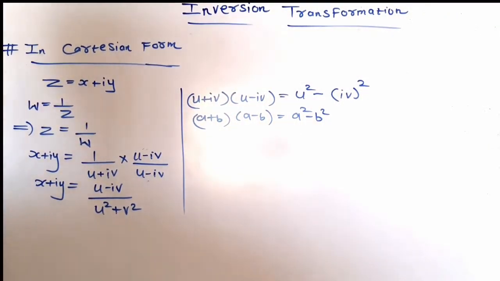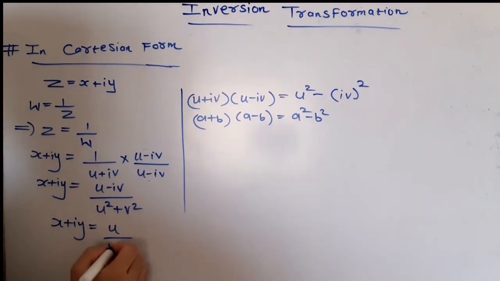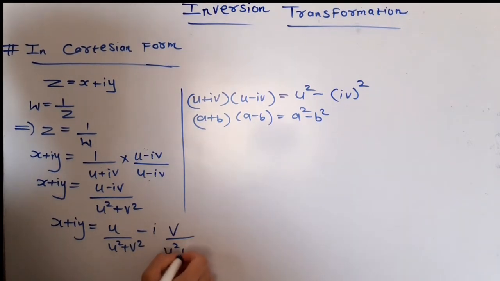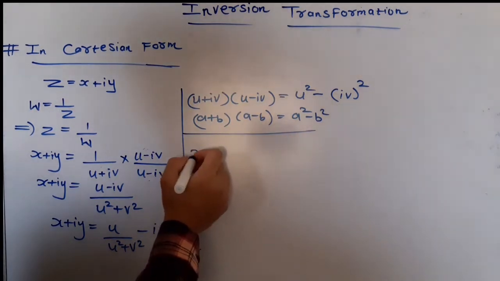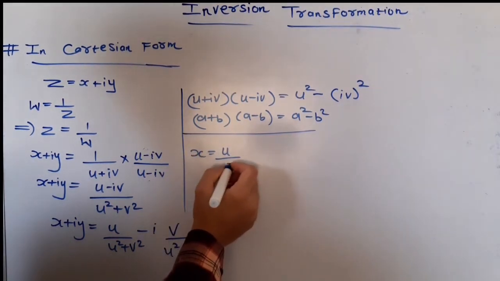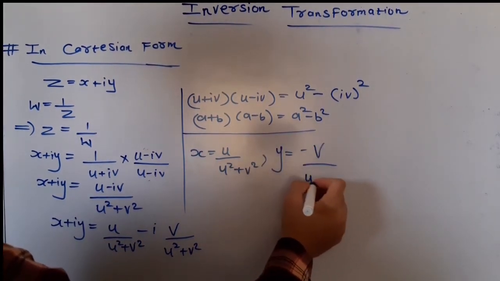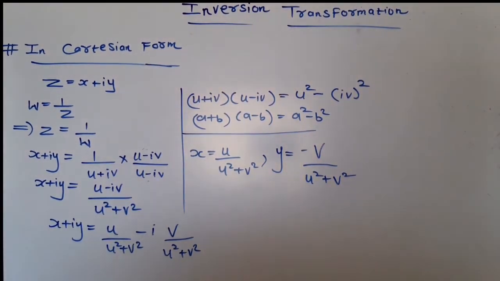Now we will separate the real and imaginary parts. So x plus iy equals u upon u square plus v square minus i into v upon u square plus v square. So the real part is x equals u upon u square plus v square, and the imaginary part y equals minus v upon u square plus v square. So this is the relation between x, y and u, v in Cartesian form. Note this. Then we will discuss the polar form.